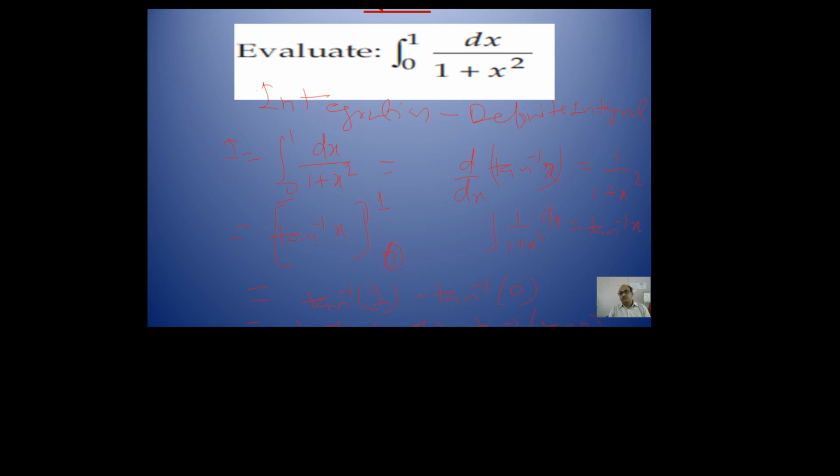So further expansion: tan inverse tan pi by 4 is nothing but pi by 4, minus tan inverse tan 0 is nothing but 0. So our answer will become pi by 4. So here our answer is pi by 4. Okay, right.